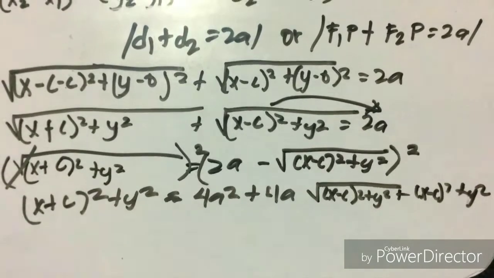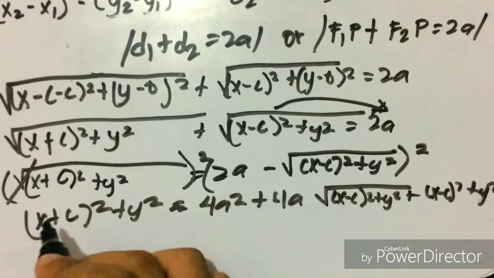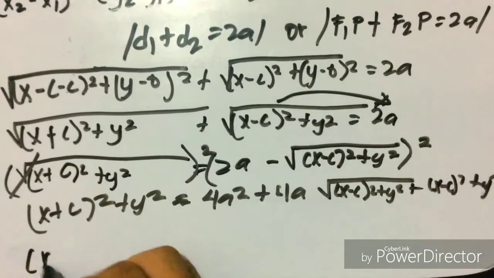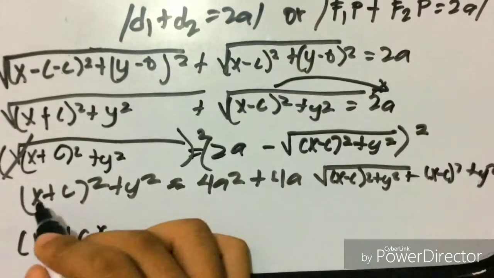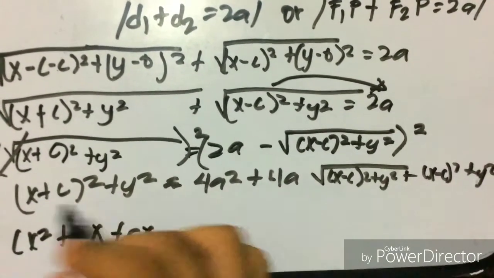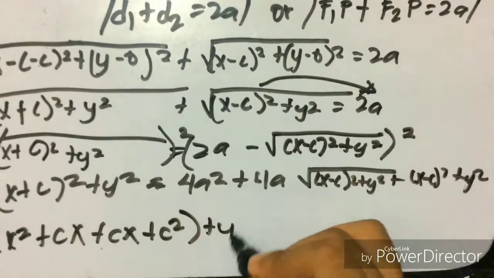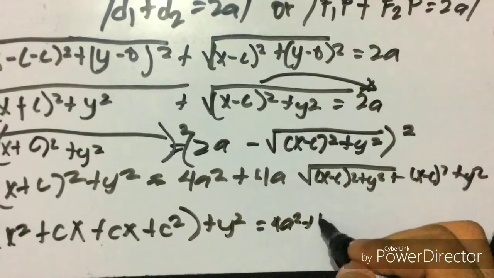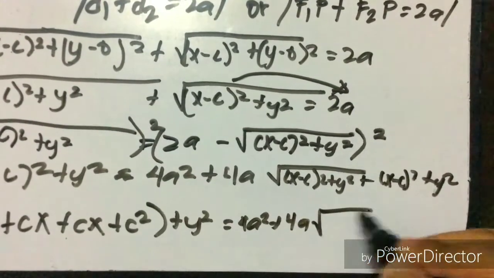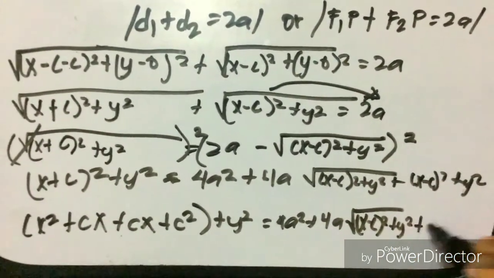After squaring both sides, you expand the squares. x times x is x squared, x times c is cx, c times x is cx, and c times c is c squared, plus y squared, equals 4a squared plus 4a times the square root of (x minus c) squared plus y squared, plus.